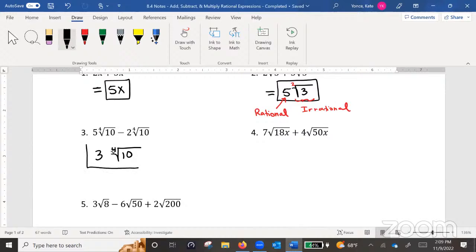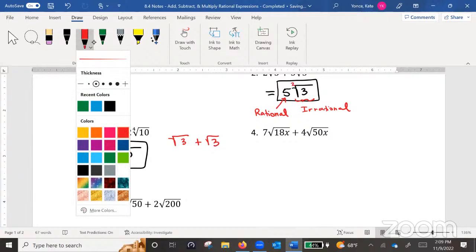Here's one, I'm going to add another one real quick. Here's one people miss all the time. What do you think square root of 3 plus square root of 3 is? This is just an extra problem.